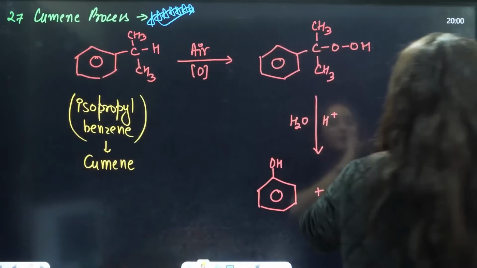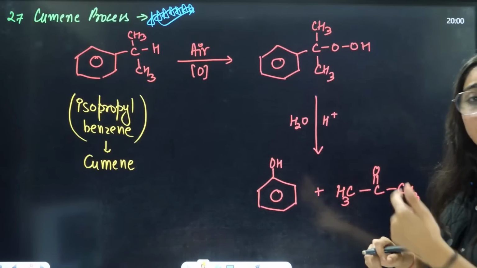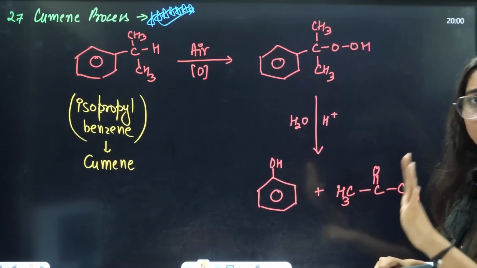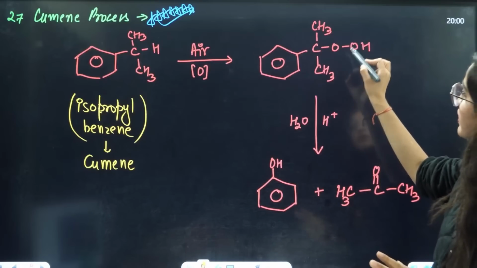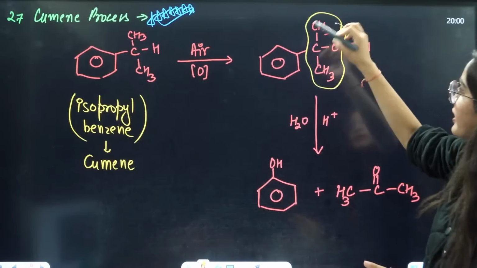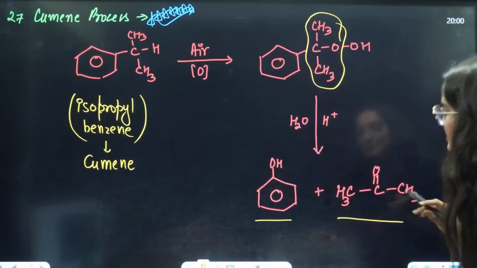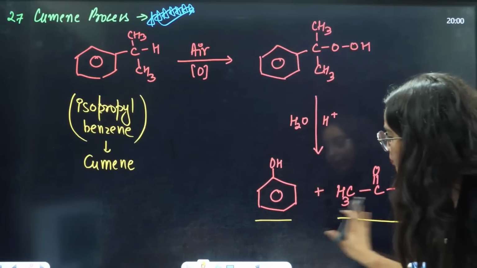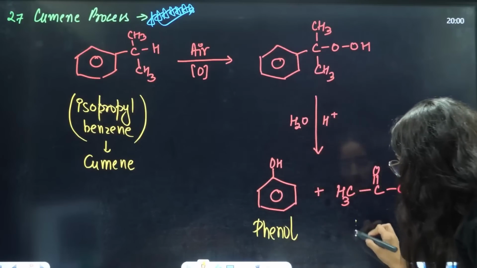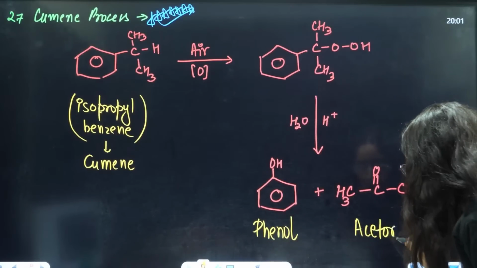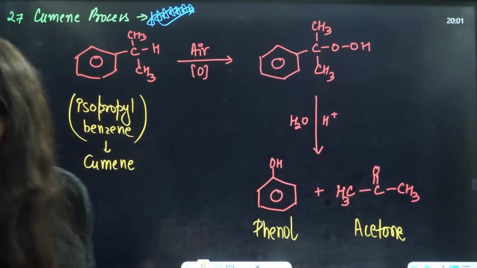After this, when you add water with H positive in acidic condition, this thing will be eliminated as acetone, and here you will have the formation of phenol plus acetone. That is why both products are important here: one is phenol, the other is acetone. Okay, phenol and acetone are formed in this case.